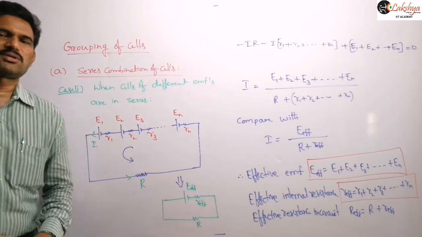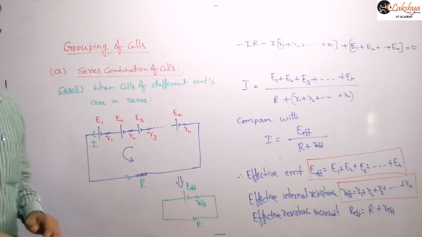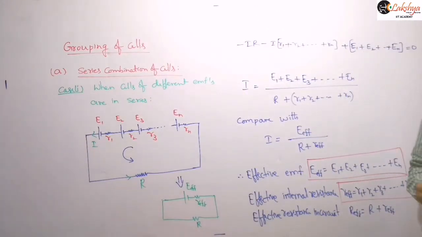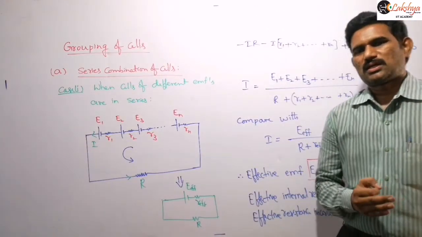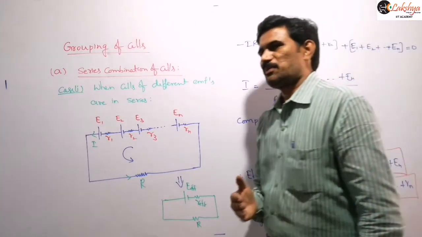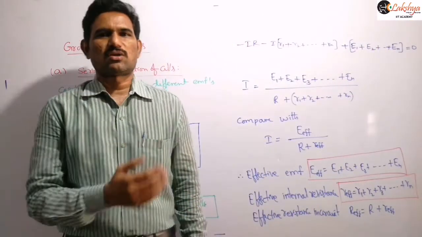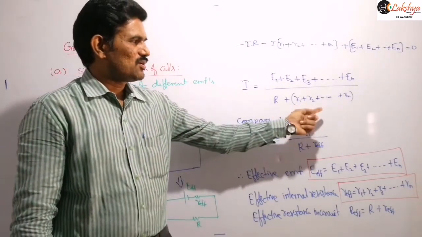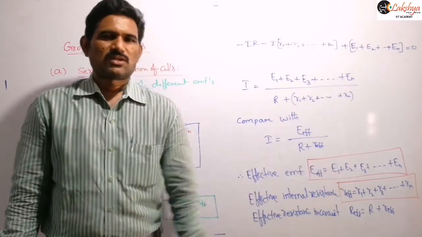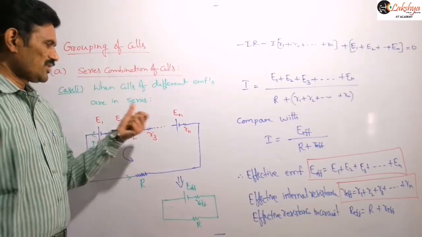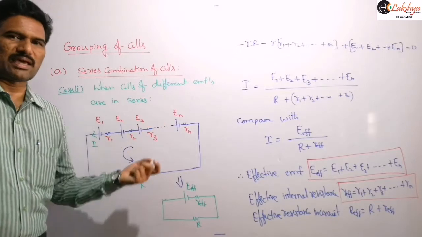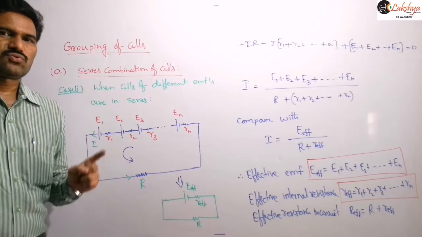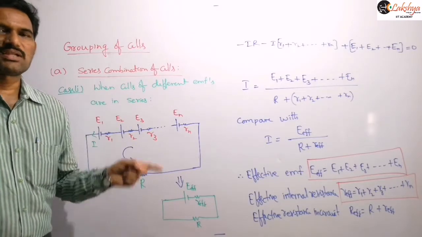So you simply need to remember, when n cells are connected in series, the effective EMF is nothing but the sum of EMFs of individual cells, that means E1 plus E2 plus E3 and so on, right? And similarly the effective internal resistance will be equal to R1 plus R2 plus R3. Whenever you are replacing these n number of cells with an equivalent cell, you need to replace the cell as well as the internal resistance.